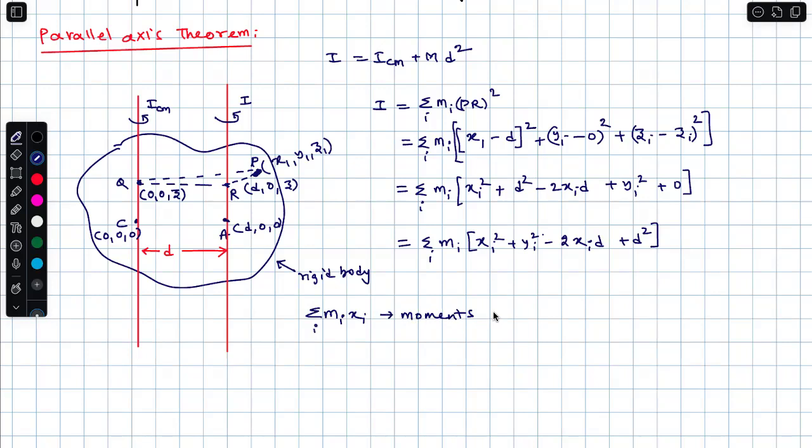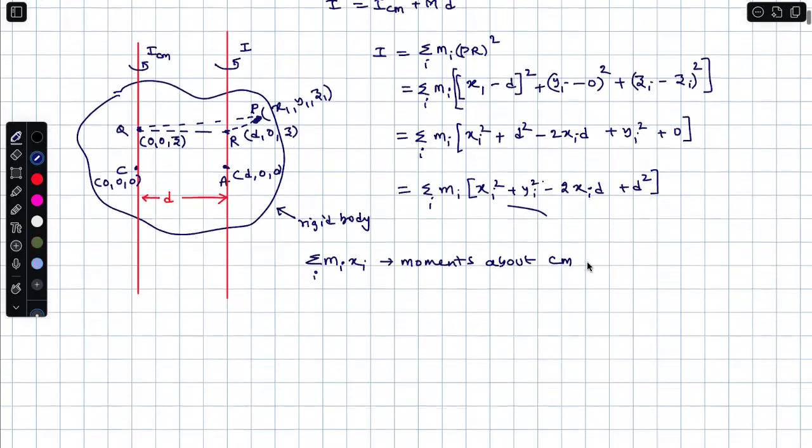Sigma m_i x_i is the moment about the center of mass, because x_i is defined with respect to C. This is all about moments about the center of mass.